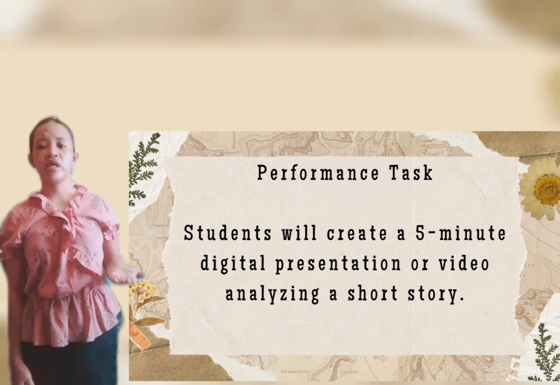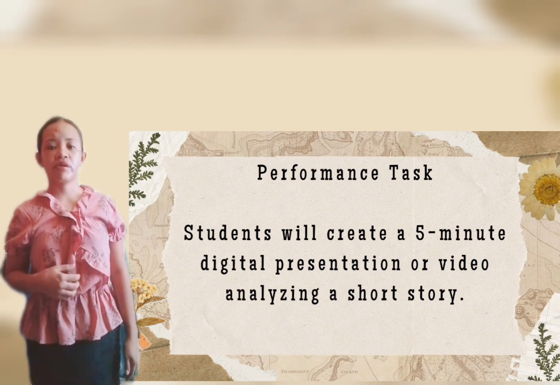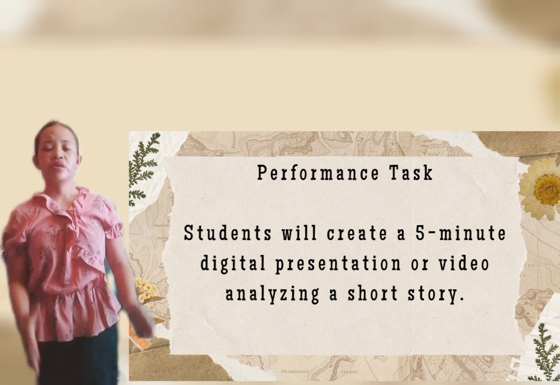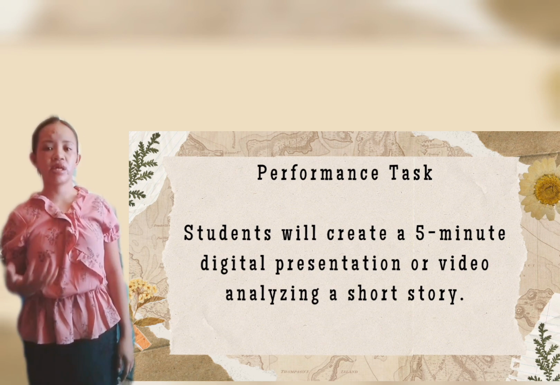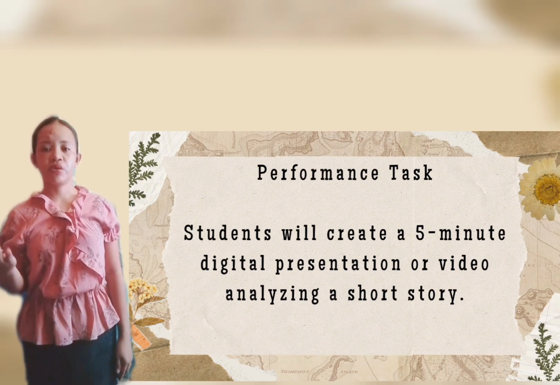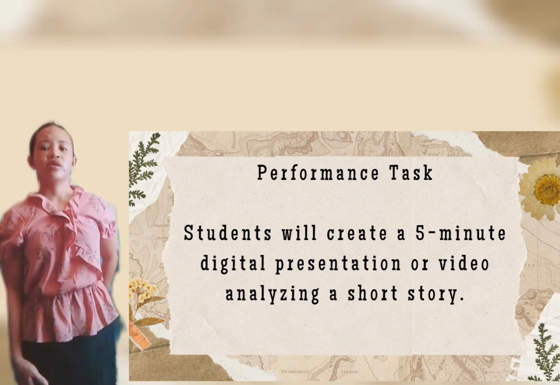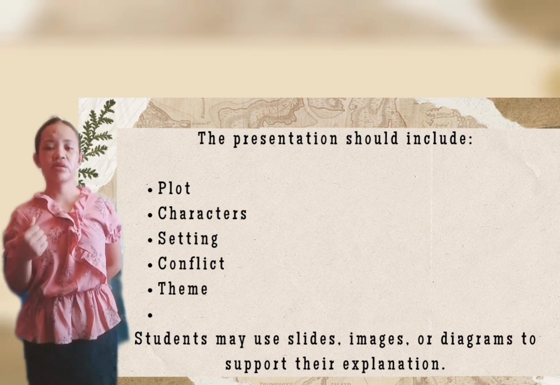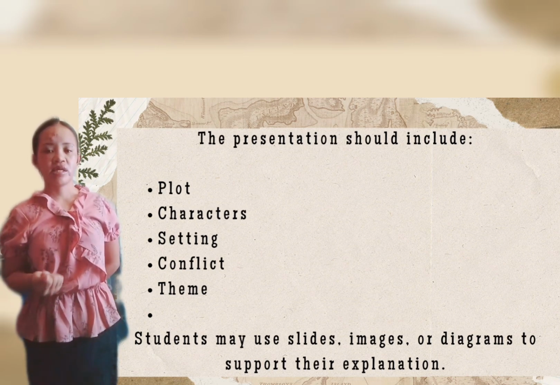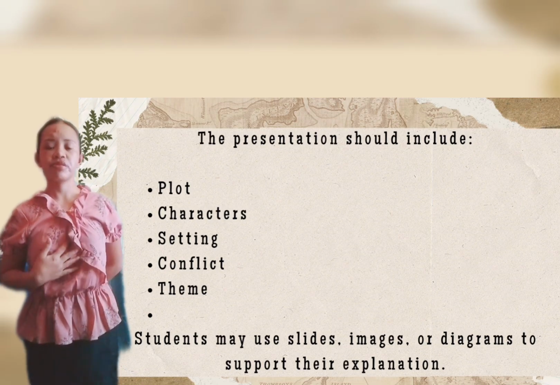Instead of giving a traditional written test, students will complete an authentic performance test. The test requires students to analyze a short story and present their understanding through a digital presentation or short video. In this test, students will identify the plot, describe the characters, explain the setting, identify the conflict, and interpret the theme of the story.